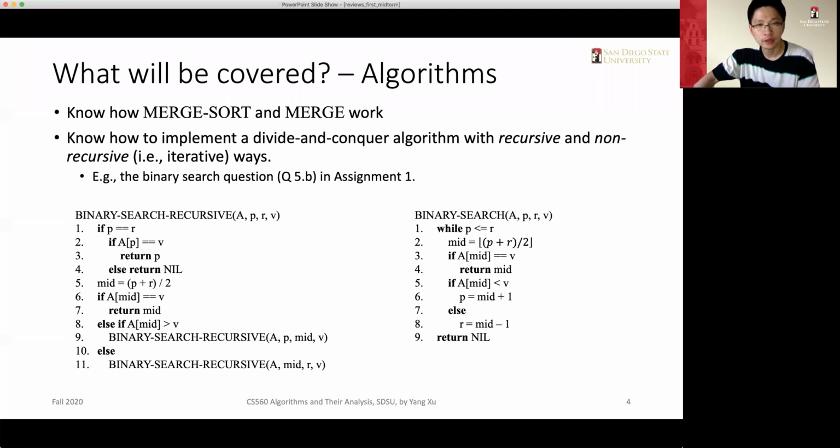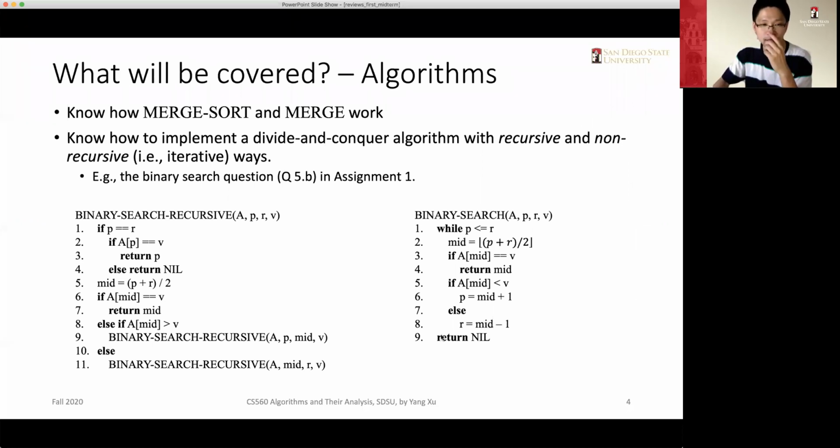There's also one question in the assignments about binary search, which asks for implementations in recursive and non-recursive styles, and that is also important.